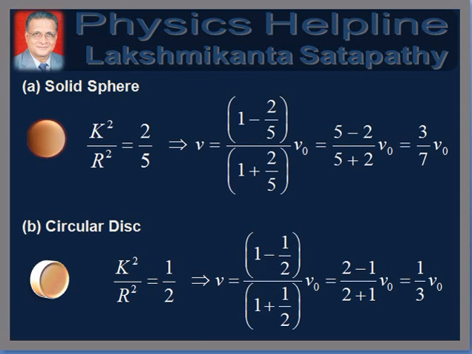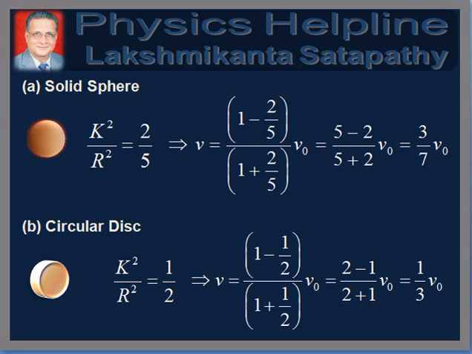For a solid sphere, k square by r square is equal to 2 by 5. Therefore, v is equal to 1 minus 2 by 5 divided by 1 plus 2 by 5 into v0, which is equal to 3 by 7 into v0. For a circular disk, k square by r square is equal to 1 by 2.